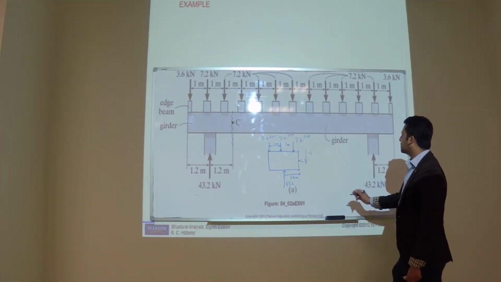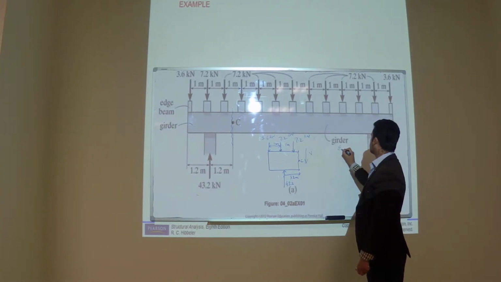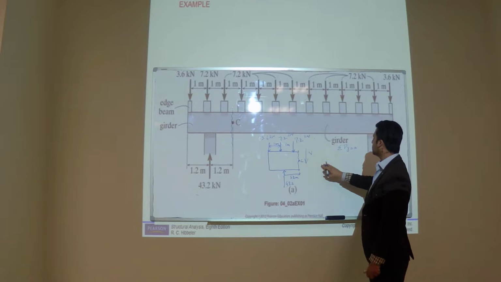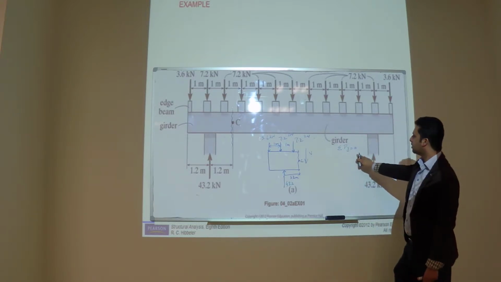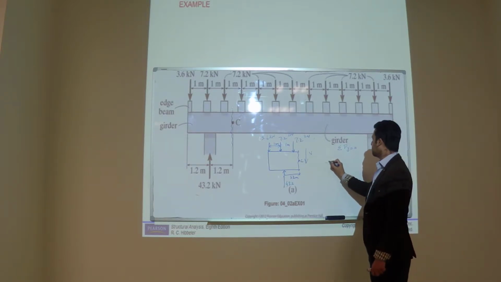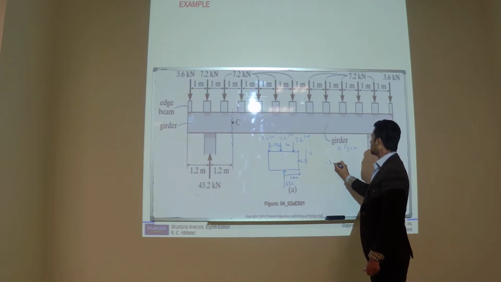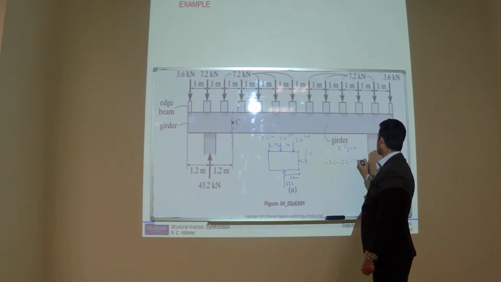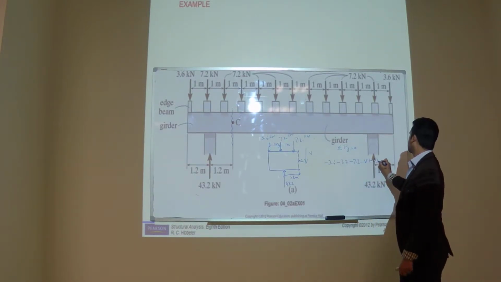So let's apply sigma Fy equal to 0. For equilibrium, sigma Fy should be equal to 0. So minus 3.6 minus 7.2 minus 7.2 minus V plus 43.2 should be equal to 0.